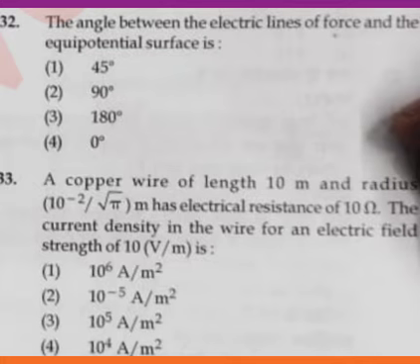The current density in the wire for an electric field strength of 10 volt per meter is: option 1, 10 raised to power 6 ampere per meter square; option 2, 10 raised to power minus 5 ampere per meter square; option 3, 10 raised to power 5 ampere per meter square; option 4, 10 raised to power 4 ampere per meter square. The correct answer of this question is option number 3, 10 raised to power 5 ampere per meter square. Next, question number 34.